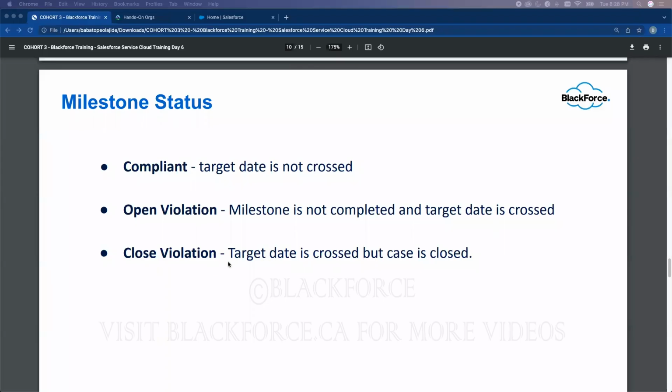However, in reporting in future, we can request cases that were closed after they had been violated. So close violation is used mostly for record and improvement of the entitlement process.